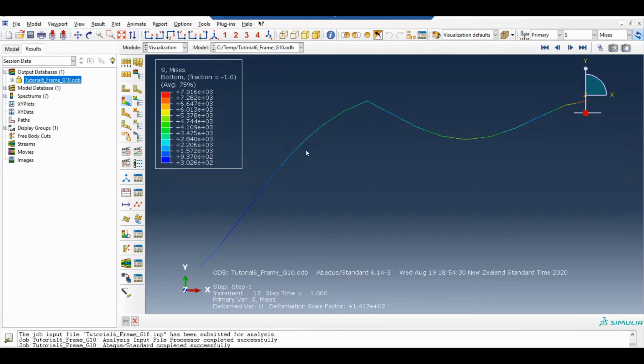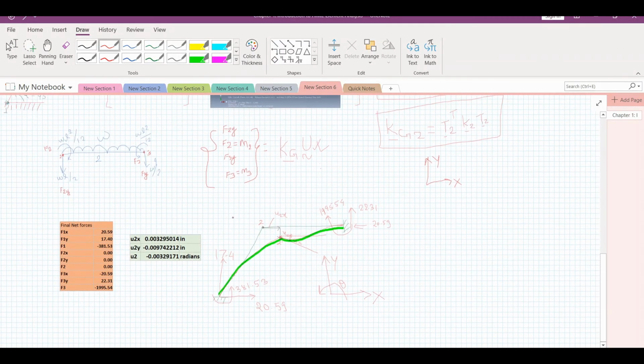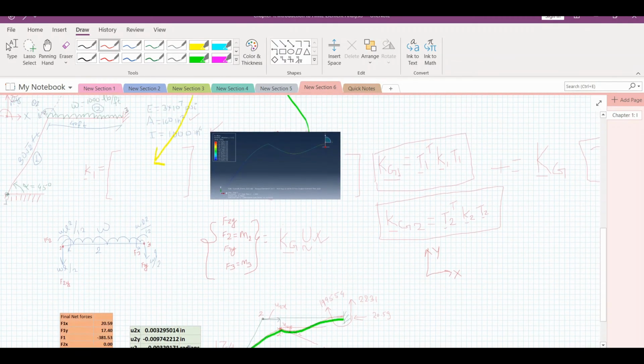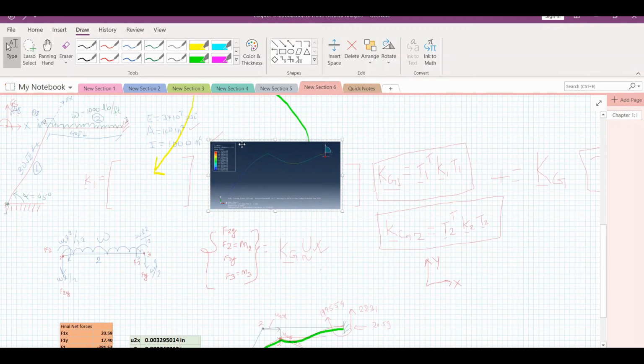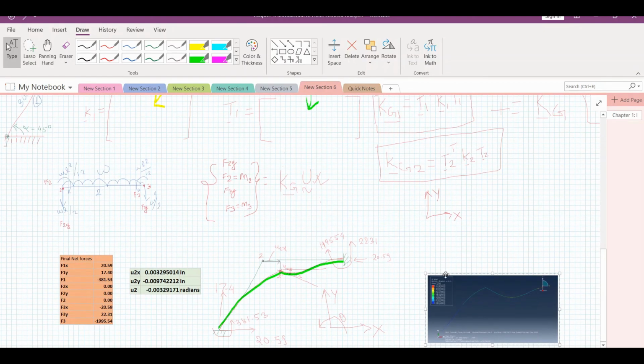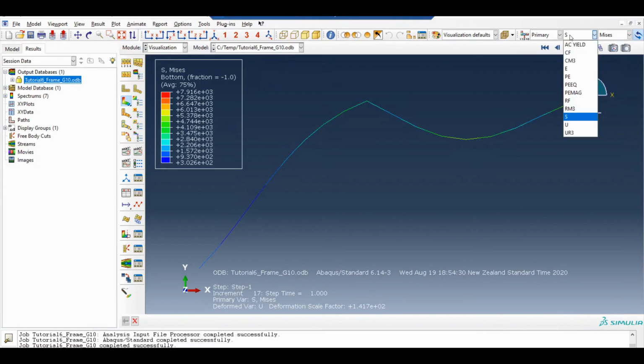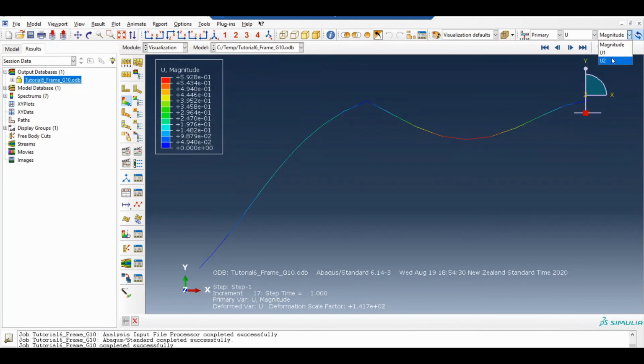If I copy this, you can copy your window, press Ctrl C, and then you can paste it here, Ctrl V. ABAQUS allows us to copy the visual window that you see there. So you can just paste it here. Looks almost similar.